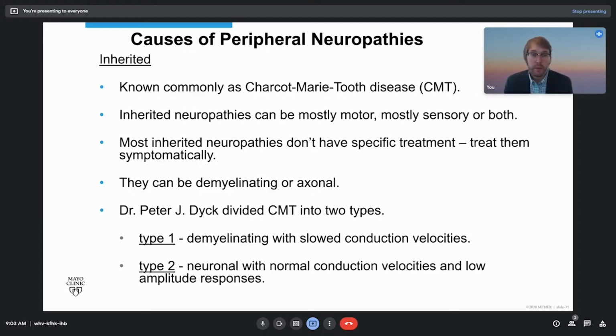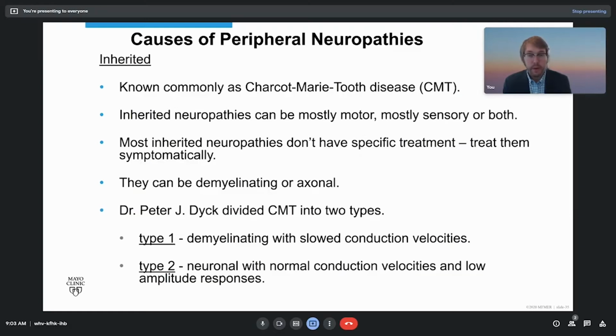And when looking at their nerves under the microscope, they had a problem of the myelin wrapping, the insulation surrounding their nerves. Whereas he called type 2 patients who had preserved conduction velocities, but weakness nonetheless, and decreased amplitude of the nerve conduction responses. And under the microscope, these looked like axonal loss of those inner copper wires.